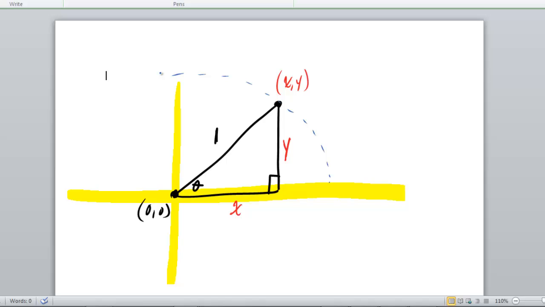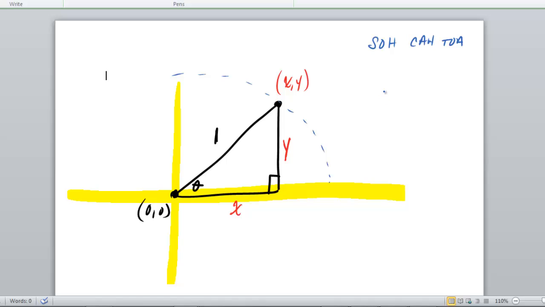Now what we can do, since we have created a right triangle, is take some of our old rules like SOHCAHTOA and figure out the sine and the cosine and the tangent and all of their reciprocals of this particular triangle.